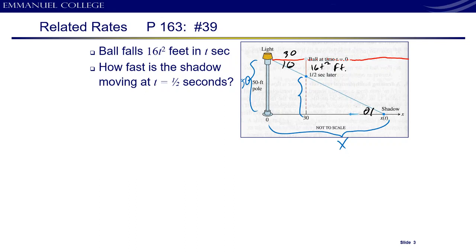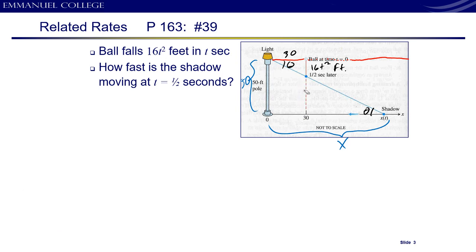And notice here, what do I have? If you think about this one, I have a base and a height, and I have a base and a height. So this should mean that to use similar triangles, that idea.